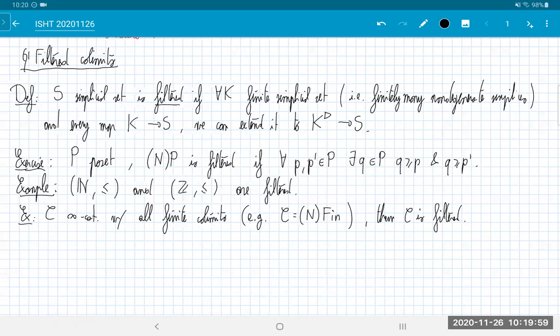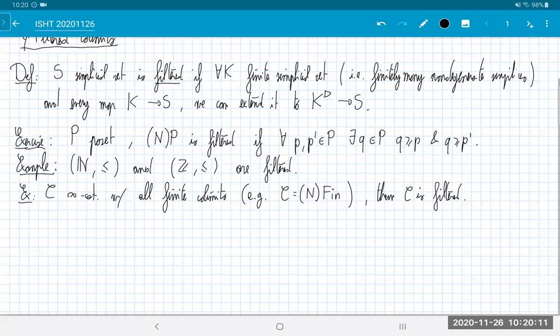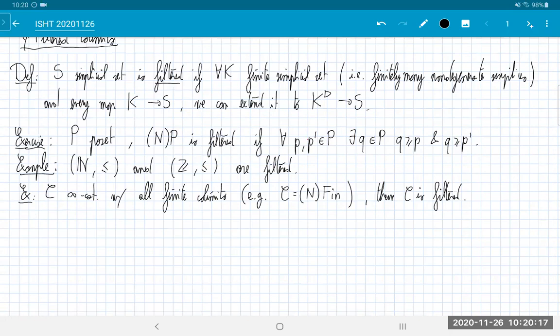That's the other example that sometimes shows up, although I don't think we're ever going to use it. Okay, thanks. You can actually give more exotic examples if you want, but I don't remember them off the top of my head and they're not that important. And a filtered colimit is just a colimit parameterized by such a filtered simplicial set.